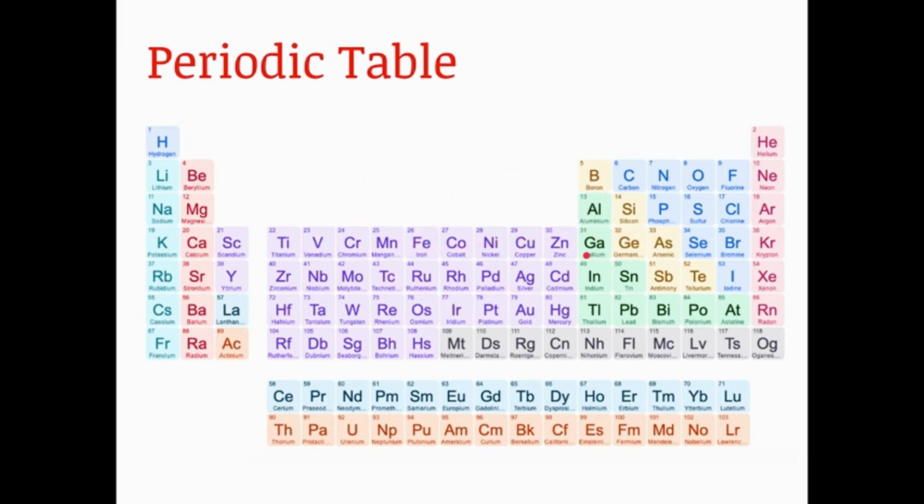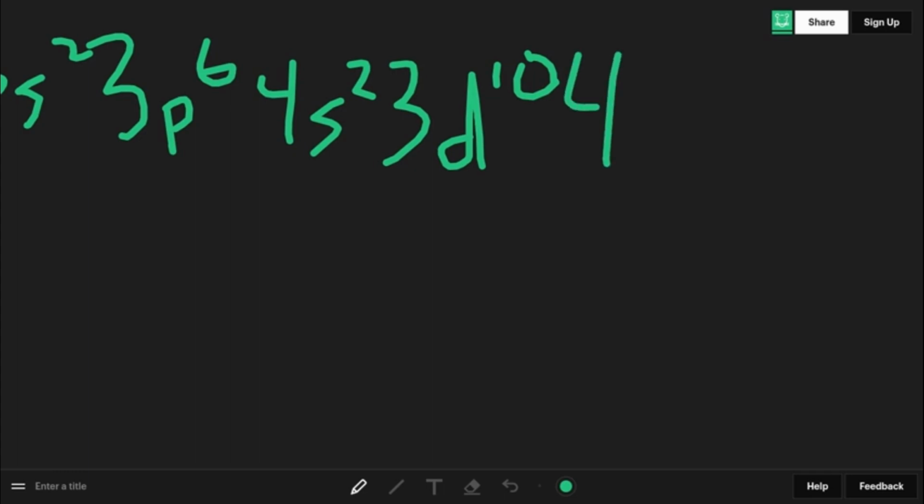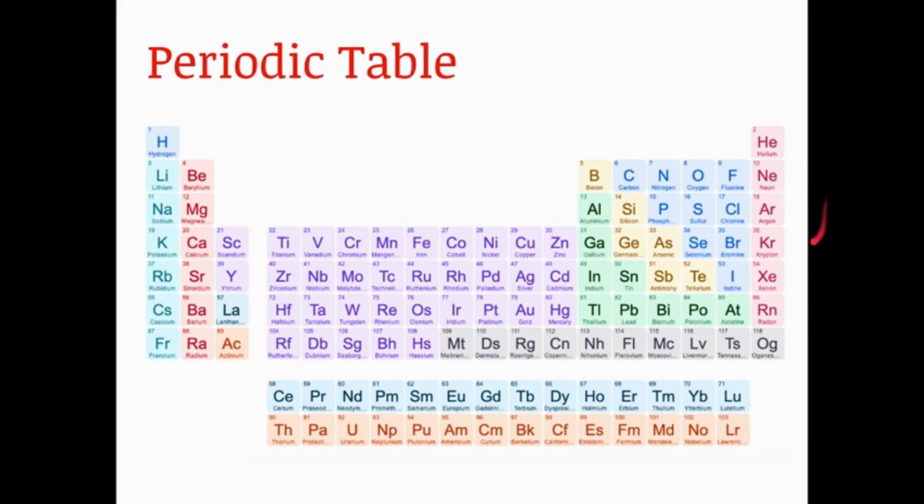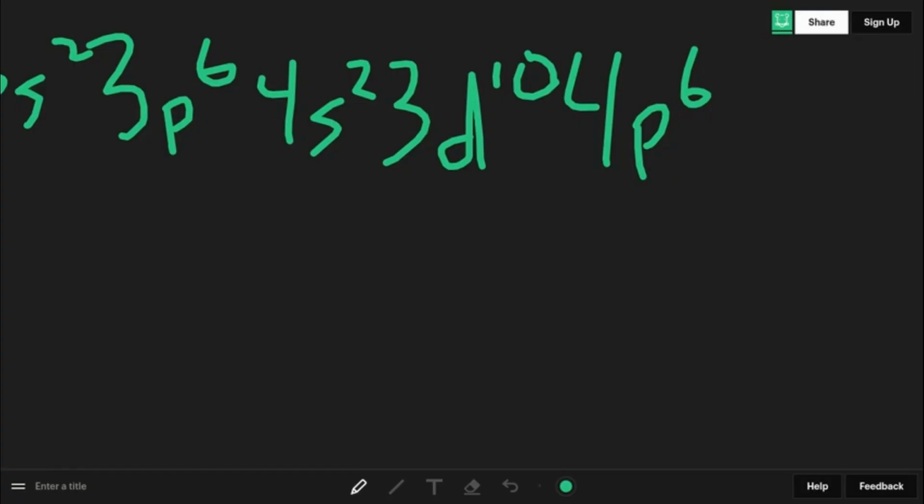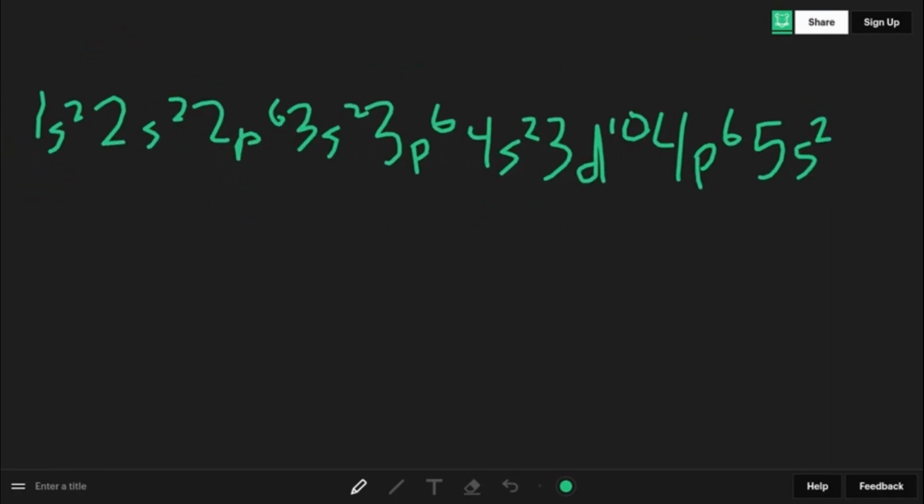Now we're back in the P's, and this is 4P, and there's 6, so it's 4P6. Now we have strontium right here, right? So now this is just going to be 5s, because we're back in the S, and this is the 5th one, so it's 5s, and since strontium is the second in this, we're going to write 5s2, and this is our final answer.